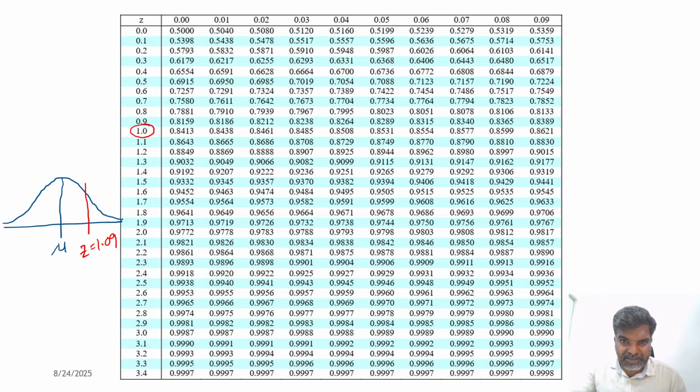Then 0.09, the 9, you can see on the top row here, 0.09. So this is 1.09. What is the corresponding area? Okay, you can see here. This is the corresponding area, 0.8621. Already you know this table gives the left side area of Z. So this area is 0.8621.